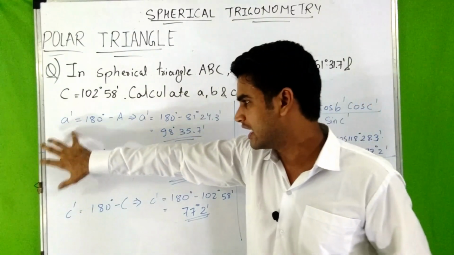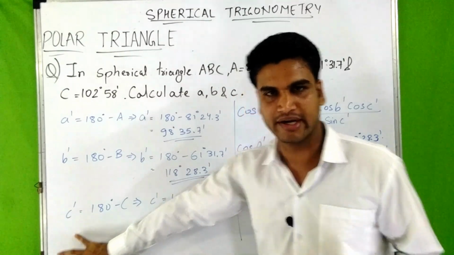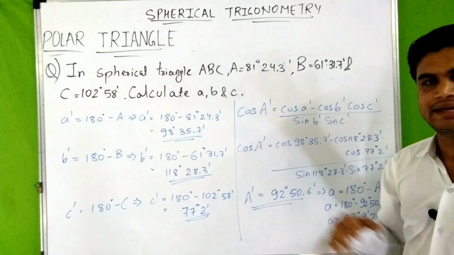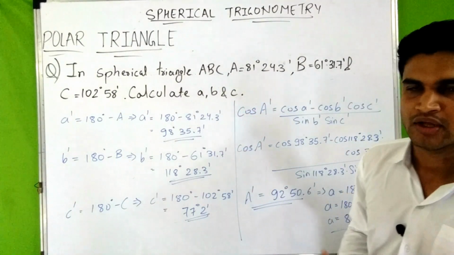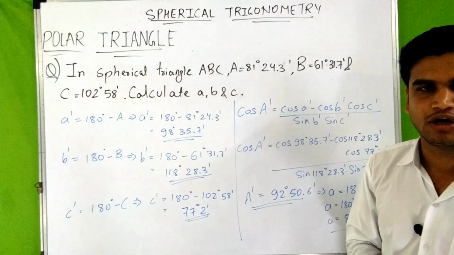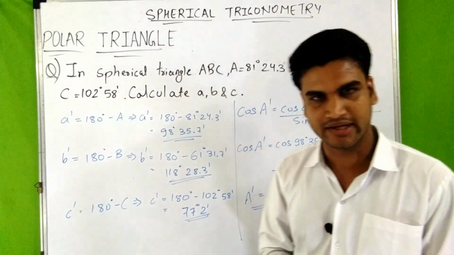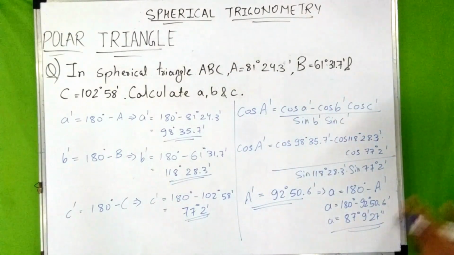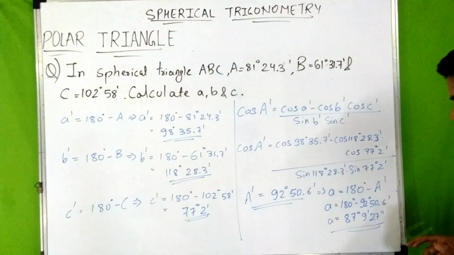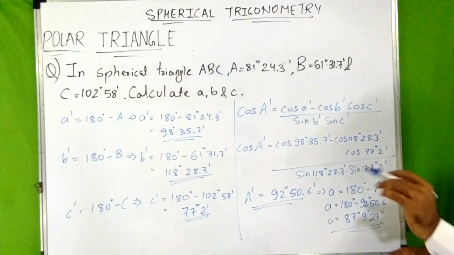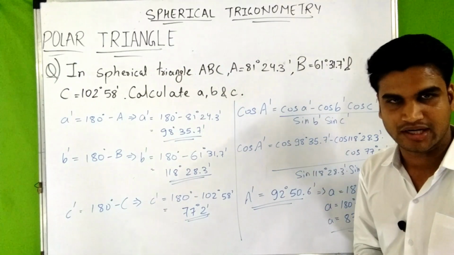After that, you will calculate all the three angles of that polar triangle using the cosine formula. And then, using the second statement of polar triangle, you can calculate all the three sides of the primitive triangle, that is the main spherical triangle.